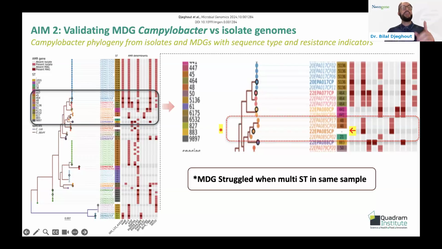However, when we examine the AMR profile, we find that the MDG matches both isolates with ST48, demonstrating that while the sequence typing was unsuccessful on the MDG, the resistance profile still provides valuable insights into the relationship between the isolates and the metagenomes.